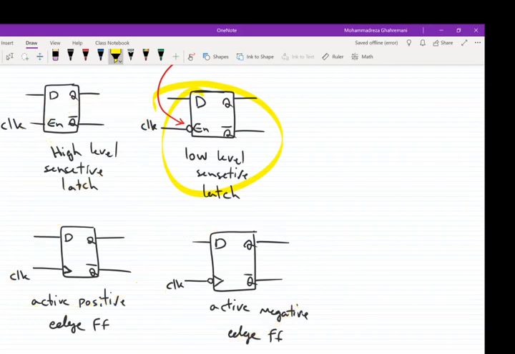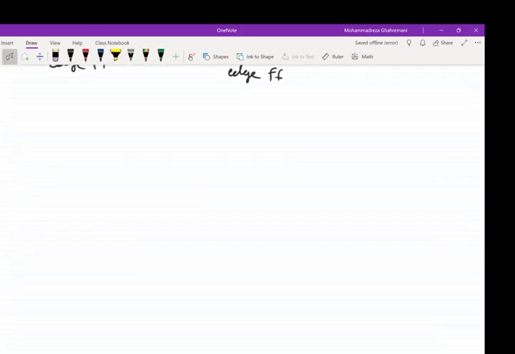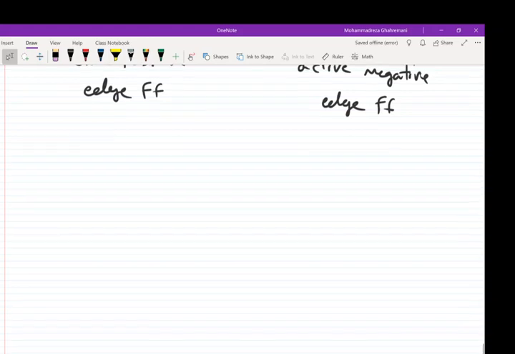Whenever you see these figures, you should immediately recognize what kind of memory element this device is. Okay, now I want to compare flip-flop and latch in an example.